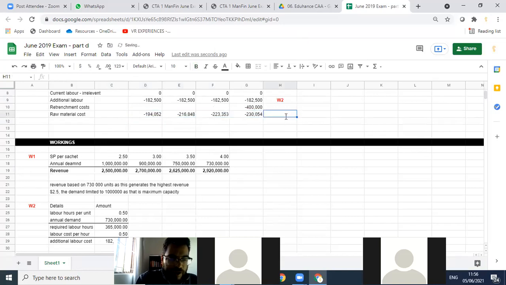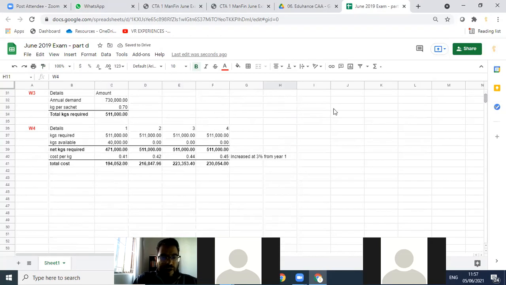And I'll tell them they can have a look at working 4. Just to make it easy for the examiner, they can get it from working 3.